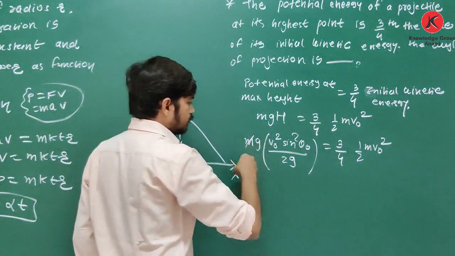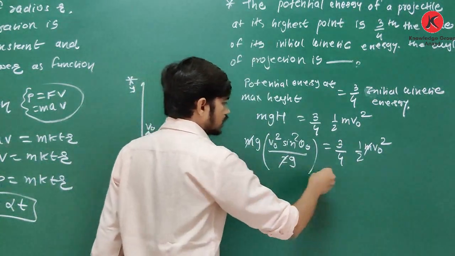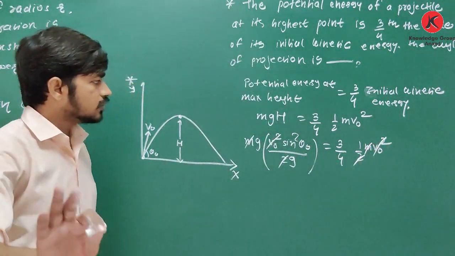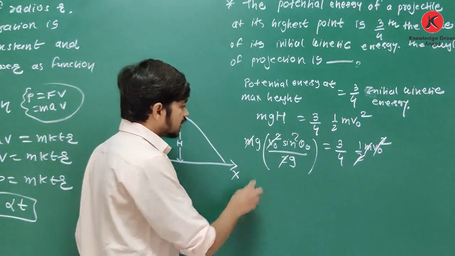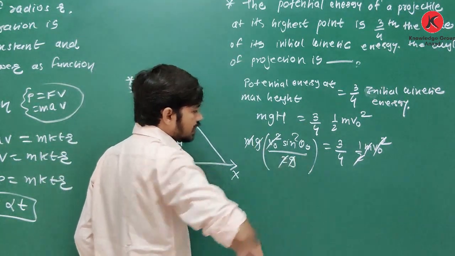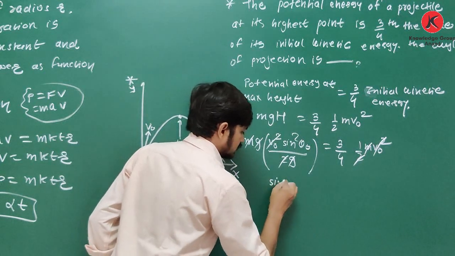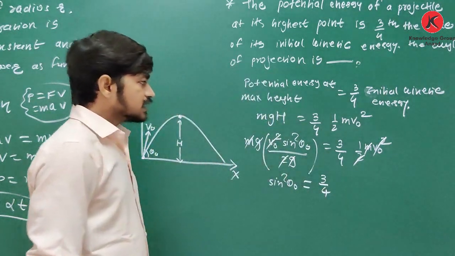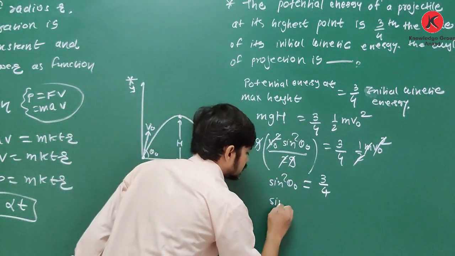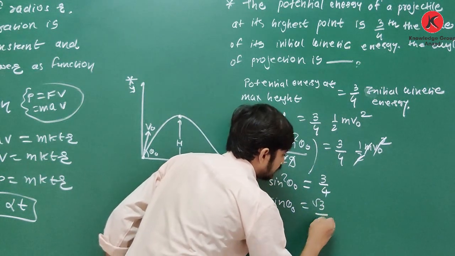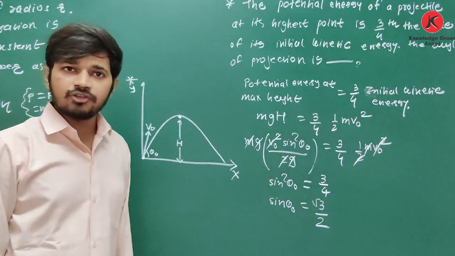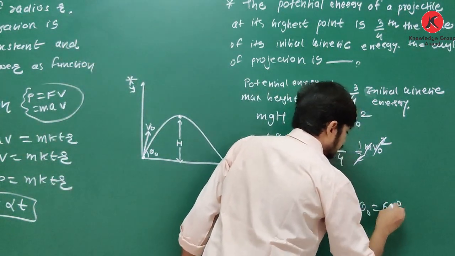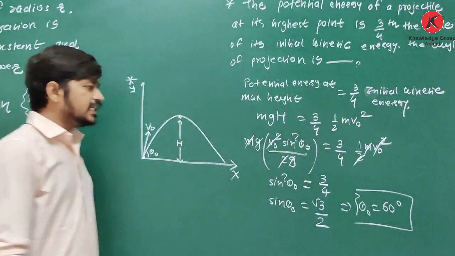So this m cancels, this 2 cancels, v0 square cancels. Now the remaining terms: this g cancels. So the remaining term is sin square theta 0 only on the left-hand side, equal to 3/4 on this side. So sin theta 0 is equal to root 3/2, and therefore theta 0 is equal to 60 degrees.